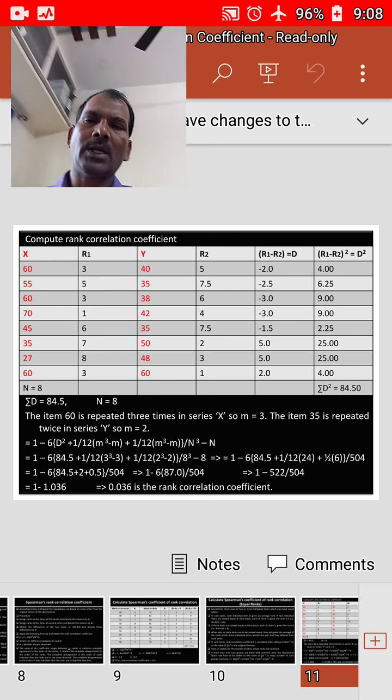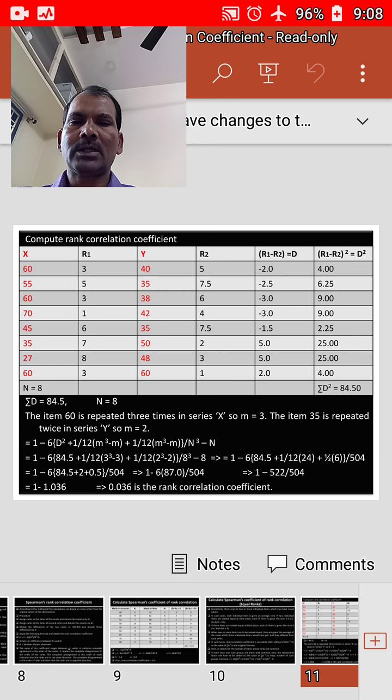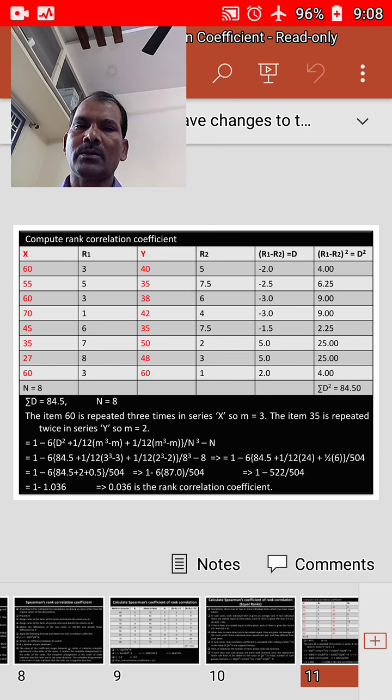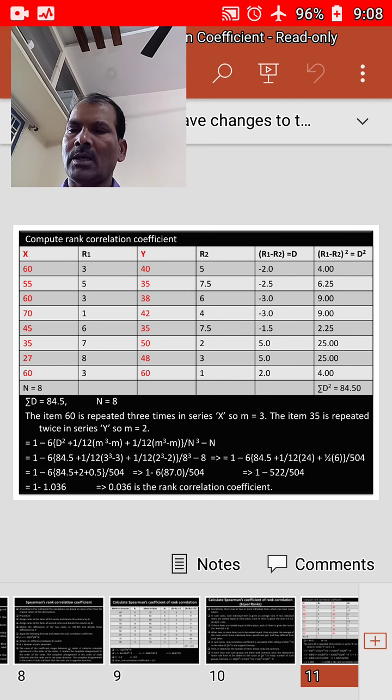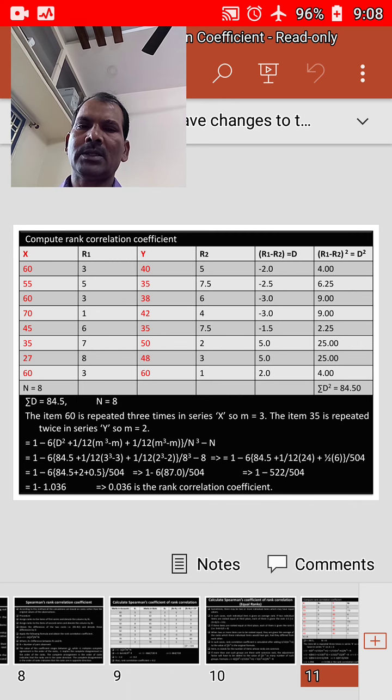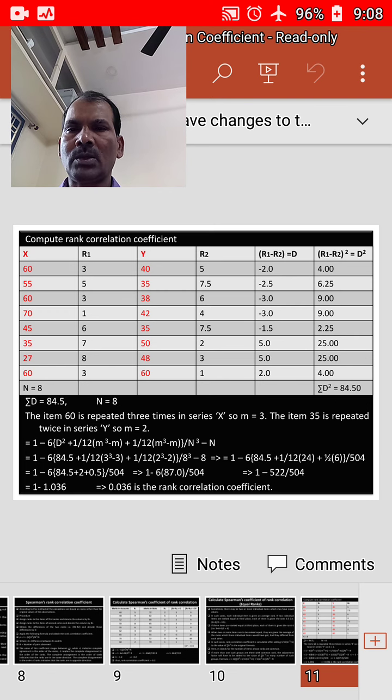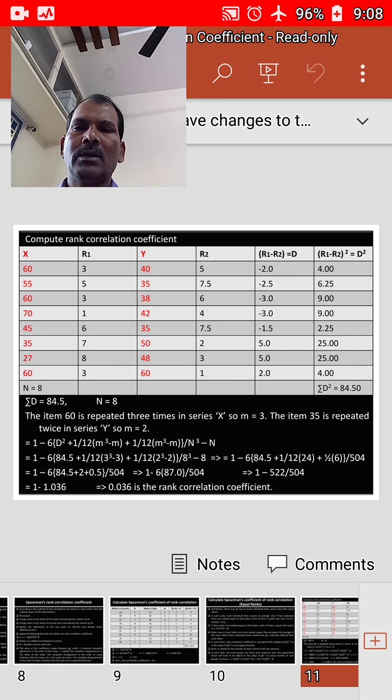Substituting the values in this formula: 1 minus 6 bracket, d square value we got is 84.5, plus 1 by 12 into 3 cube minus 3, this is for the first series, plus 1 by 12 into m cube minus m, and this is for the second series, that is 2 cube minus 2, since 35 is occurring 2 times, hence m value is 2 here, by n cube minus n, with number of observations n equal to 8.